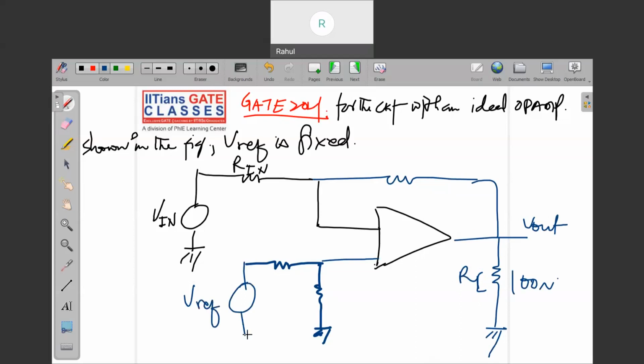Two questions were there from op-amp in GATE 2021, so you can see the importance of op-amp, and op-amp is quite easy if you know the problem solving technique like this. Plus 12 volt and minus 12 volt, and this is R1 and this is R2.